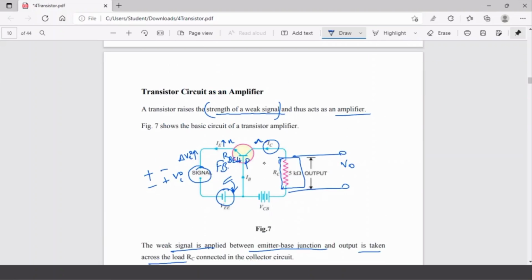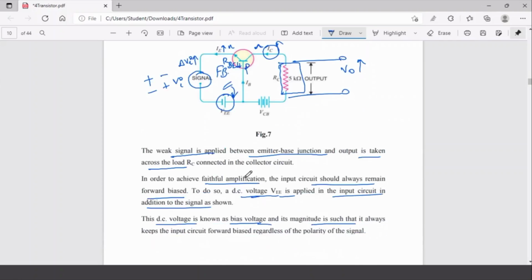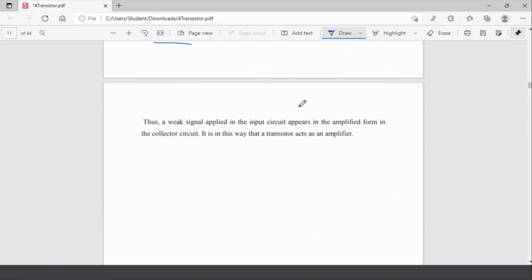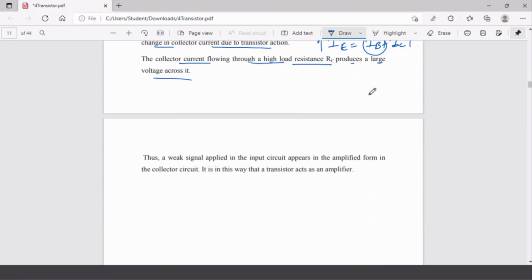Now this current, which is already high, is being taken across a high resistance. So this current multiplied by the high resistance will lead to a large value of voltage. This is taken across a high load resistance, producing a large voltage across it. So this will lead to amplification of the signal from input to output.